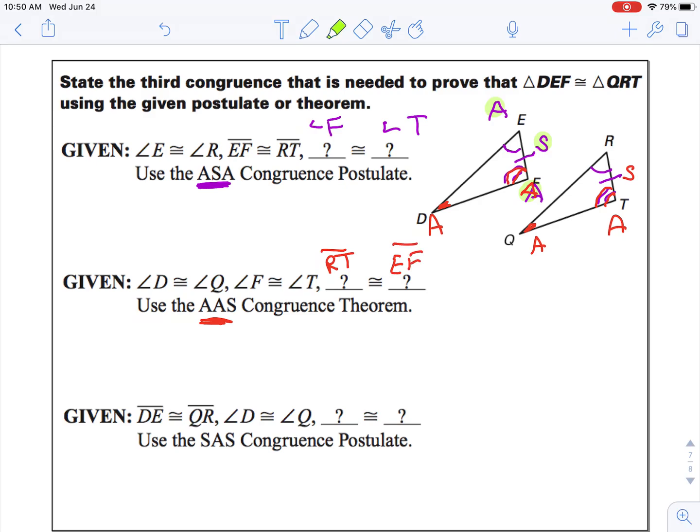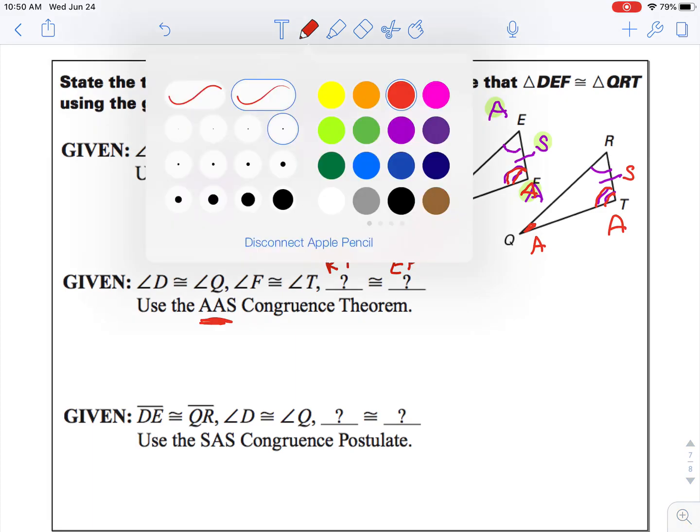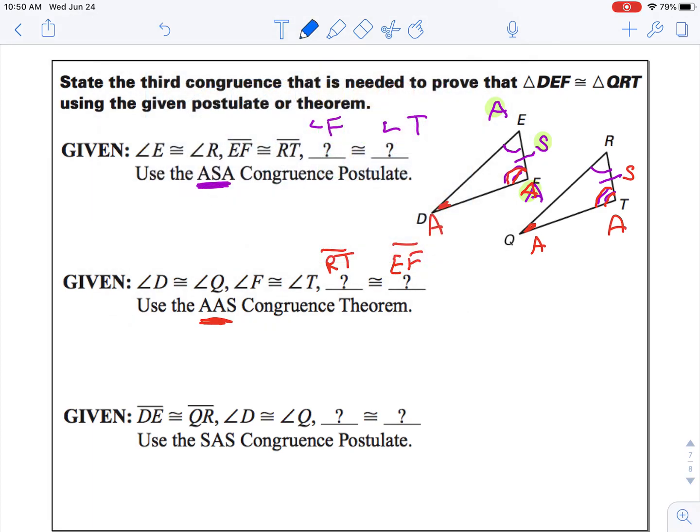All right, last one here. In this particular example, we're given that DE is congruent to QR. So we're given that these two sides are congruent, and we're given again that angle Q is congruent to angle D right there, and we want to prove with side, angle, side.